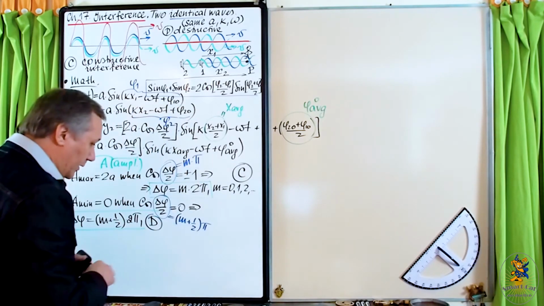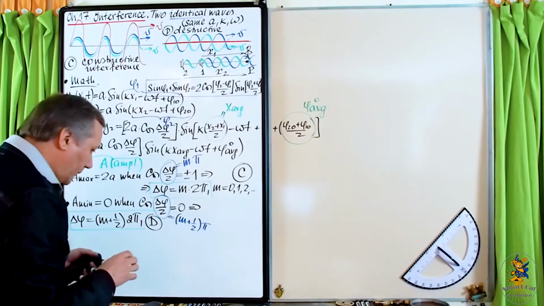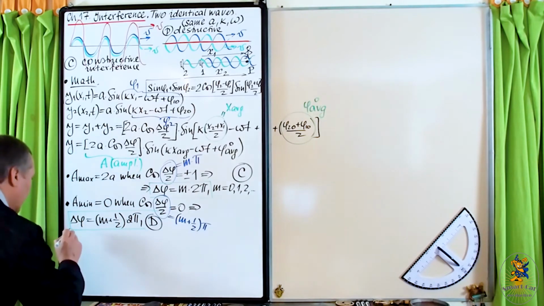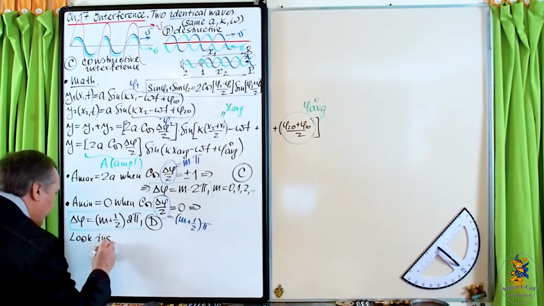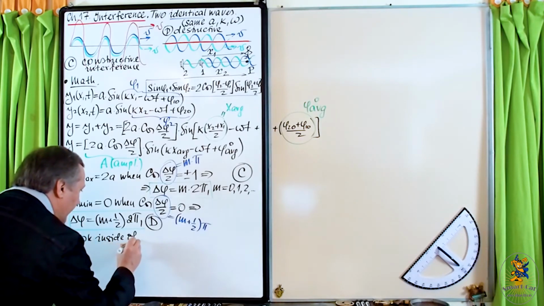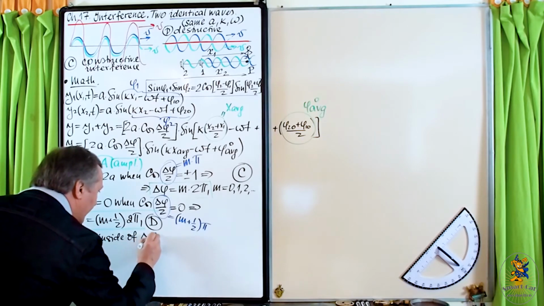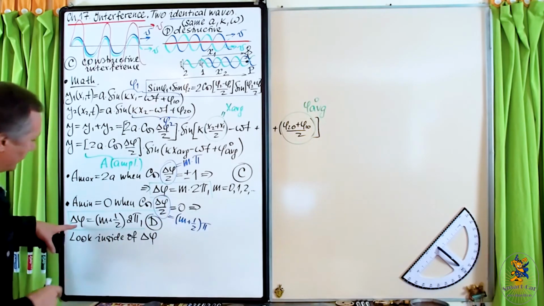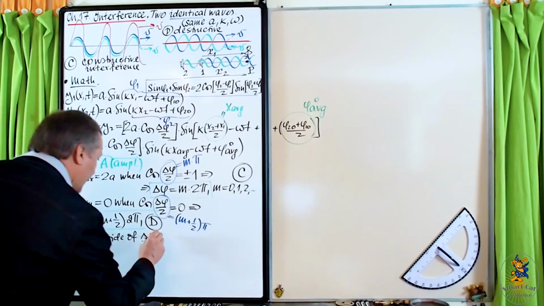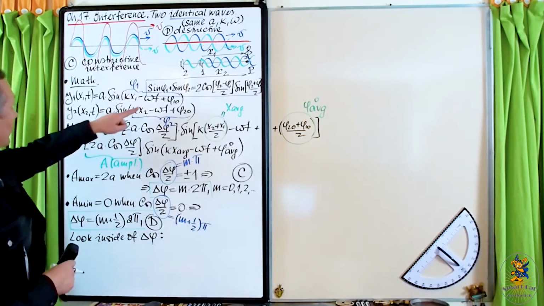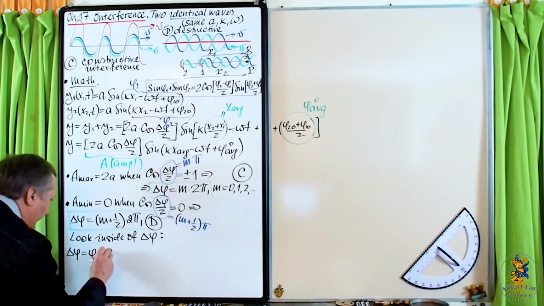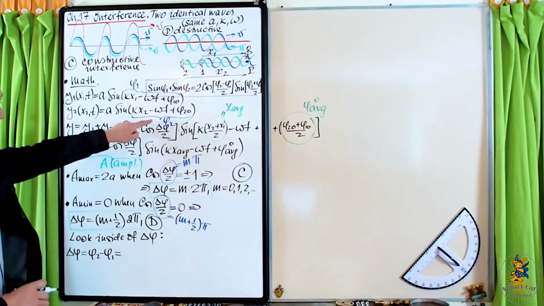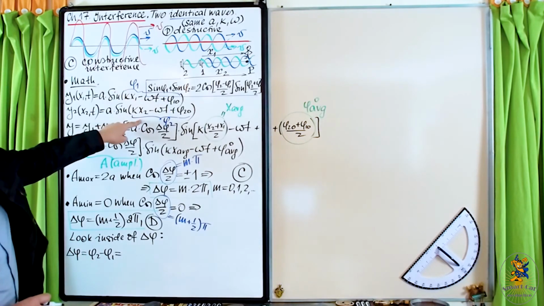Yes, so we got these 2 conditions, and now let's look inside of this delta phi. So delta phi, which is phi 2 minus phi 1. This is phi 2, this is phi 1. Okay, so let's subtract.